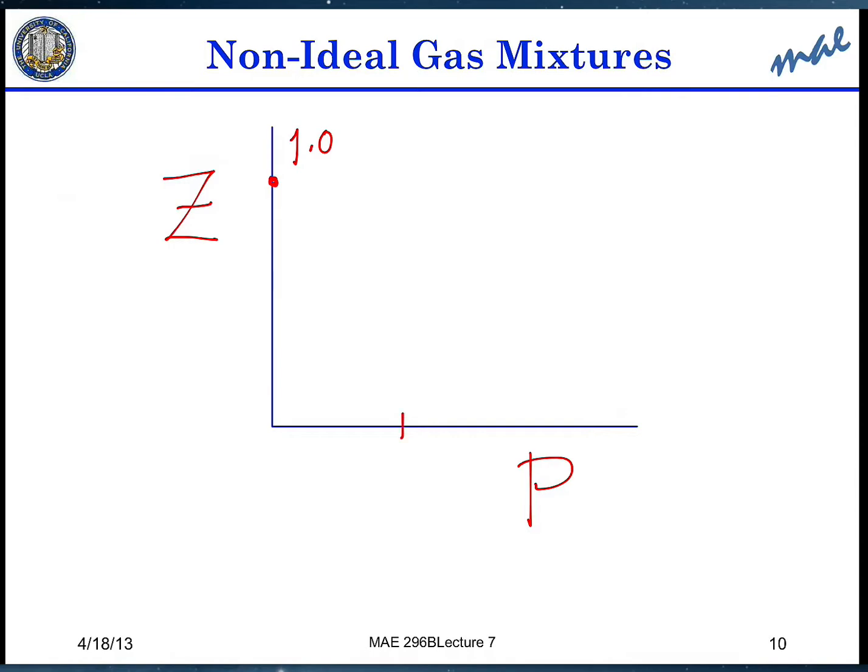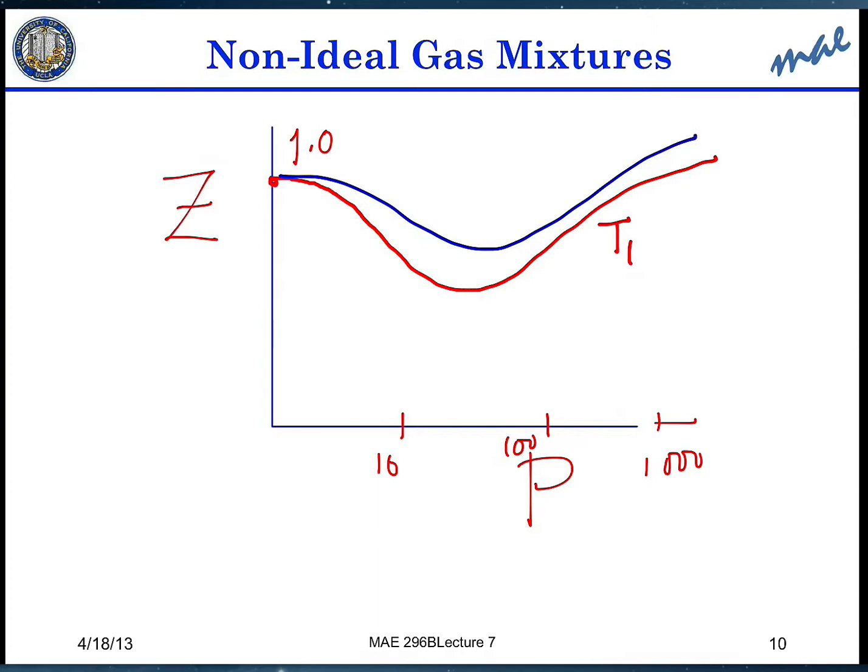This is usually in log scale, so you have, say, 10, 100 and some units, 1,000 and some units, and the pressure, compressibility usually decreases and increases again at high pressures. And this is given at a particular temperature T1. If you change to a temperature T2, then it becomes different. And therefore, I have a functional dependence of Z on the pressure.